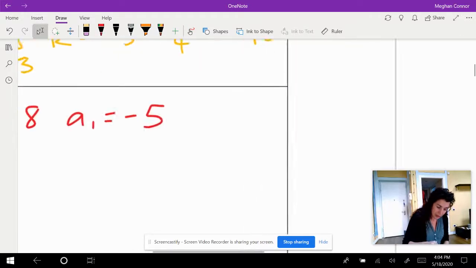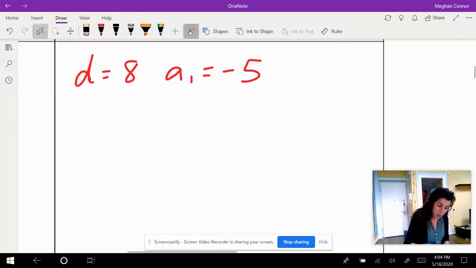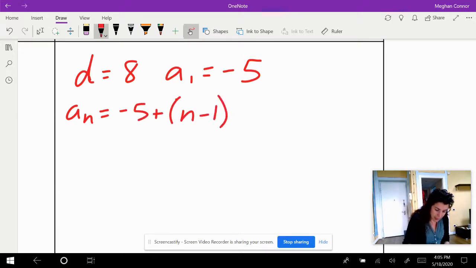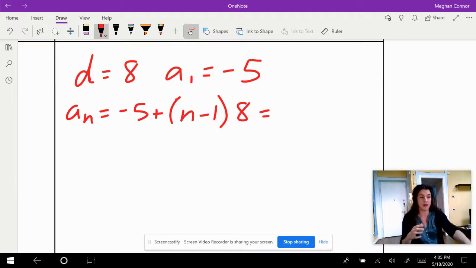So if we use our arithmetic sequence knowledge, which is in your formula packet, a sub n equals a sub 1 plus n minus 1 times the common difference. I might want to combine like terms because with sigma notation, I want to make sure that things are as concise and precise as possible, and this just seems a little messy.